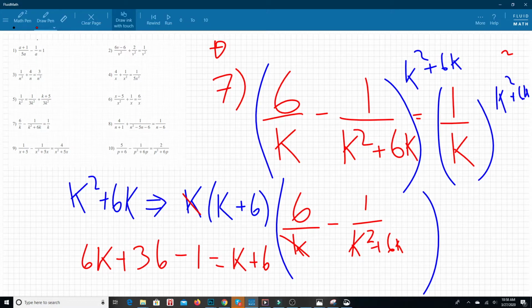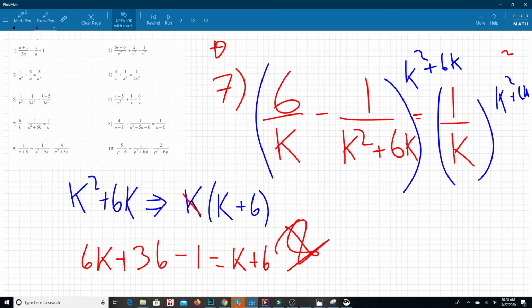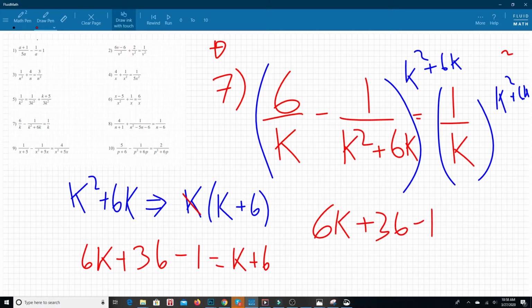Let me see this right here. Just get rid of everything over here. So my equation is going to be 6k plus 36 minus 1 is equal to k plus 6.